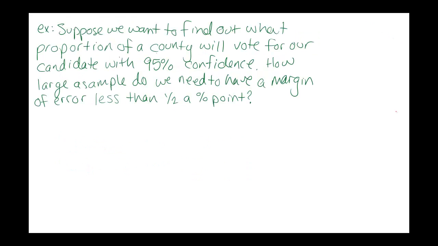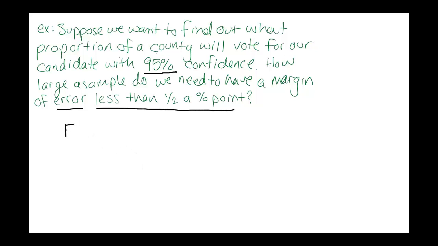So as an example, suppose we want to find out what proportion of a particular county is going to vote for a candidate in some election. And we're using a 95% confidence interval. The confidence level, of course, will affect this process. And we want to know, how big will our sample have to be if we want the error to be less than half of a percentage point.